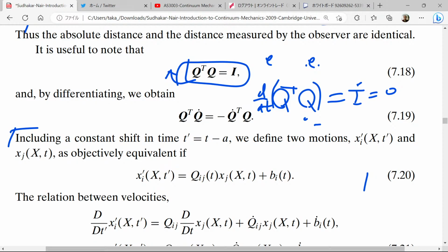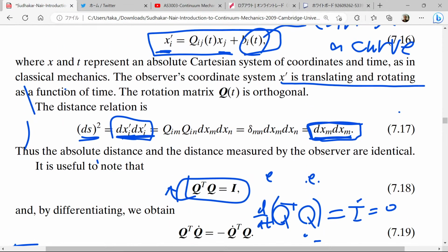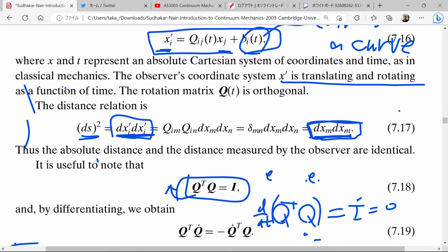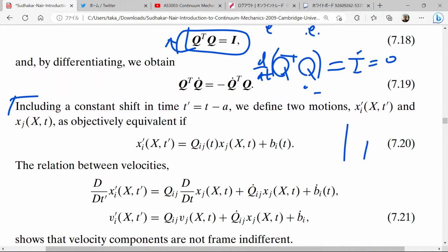Two motions are objectively equivalent if this equation is very similar to the observer equation above. See, the funny thing is here, this is J, K.